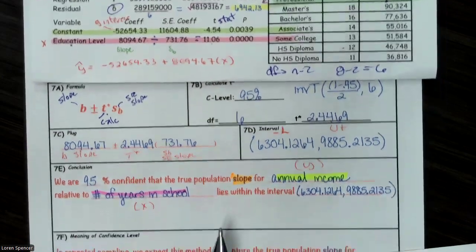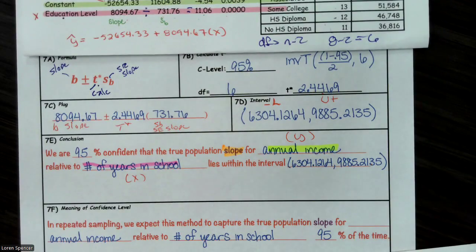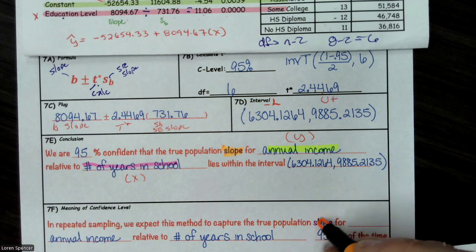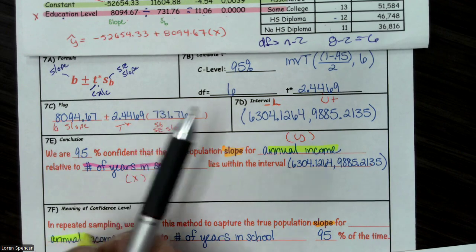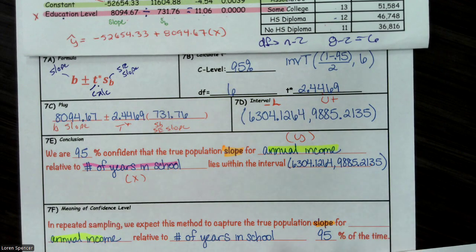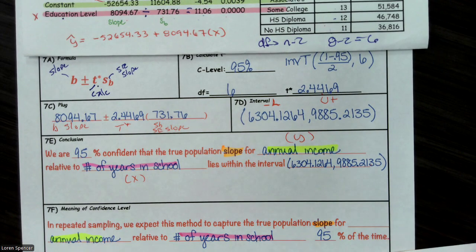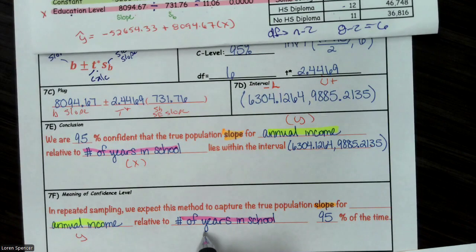Then finally, in repeated sampling, we expect this method to capture the true population slope for annual income relative to number of years experience 95% of the time. Or once again, this is my Y and this is my X.